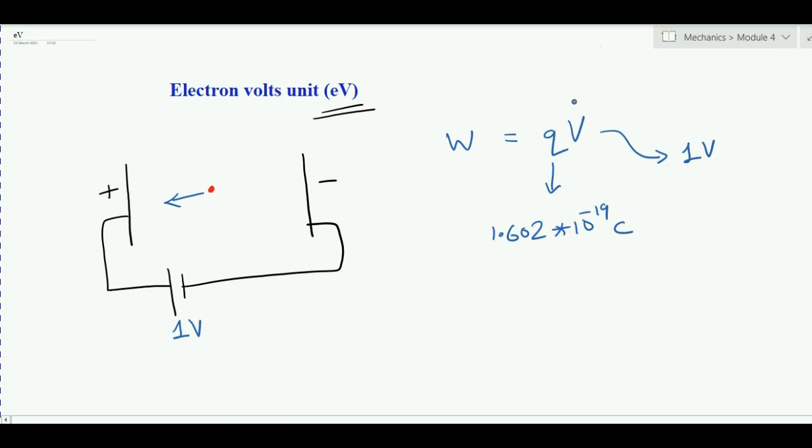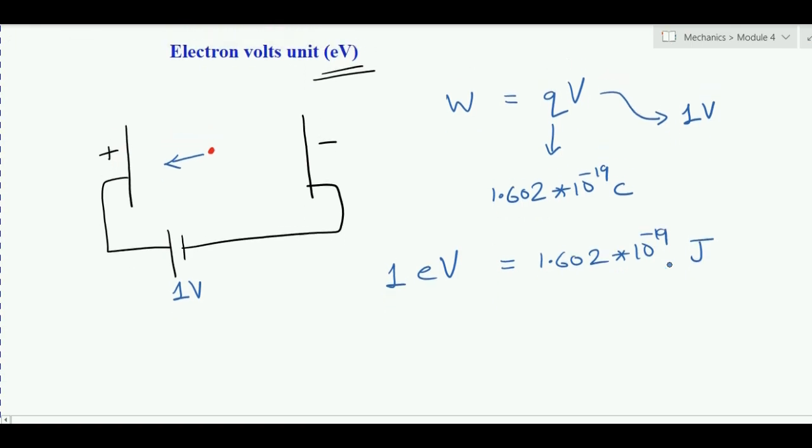The energy this electron acquires when we apply 1 volt is what we call 1 electron volt. If we substitute these two values, we get 1.602 times 10 power minus 19 joule. So this is what we call 1 electron volt.